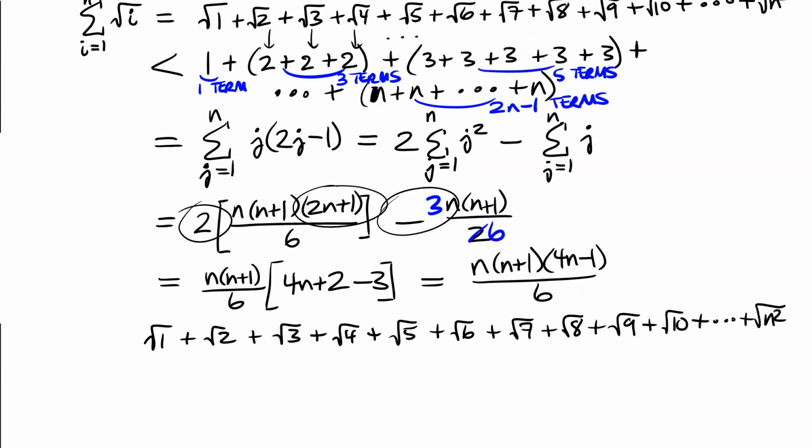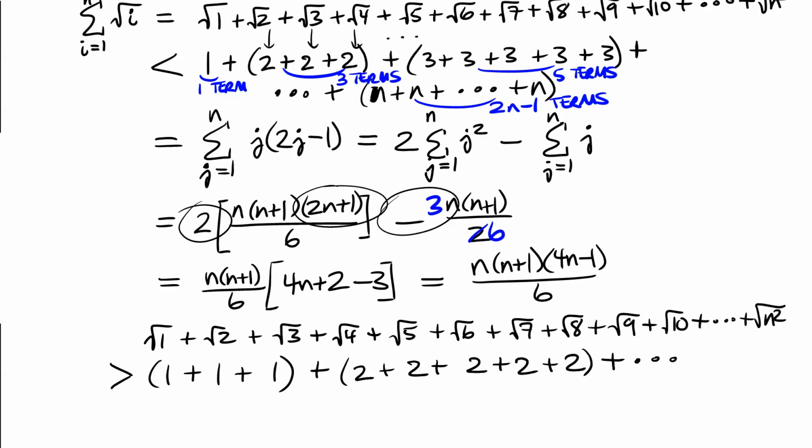So this is going to be greater than. Now I'm going to replace the first 3 terms. The first 3 terms are going to round down to 1: 1 plus 1 plus 1. Then the next ones, square root 4 up to square root 8, those 5 are going to round down to 2.